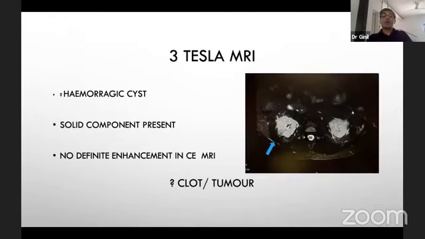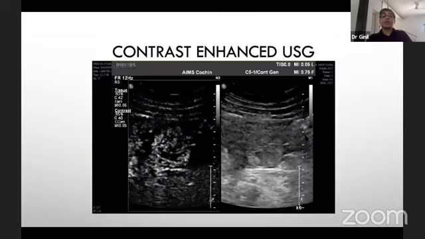The cyst seemed to be an innocent cyst, but since the ultrasound showed some solid component, we did an MRI. MRI also showed some solid component, but there was no definite contrast enhancement. So again, the question is whether it is clot or tumor. One investigation which is not used much is contrast-enhanced USG, and the current EAU guideline recommends that we proceed with that.